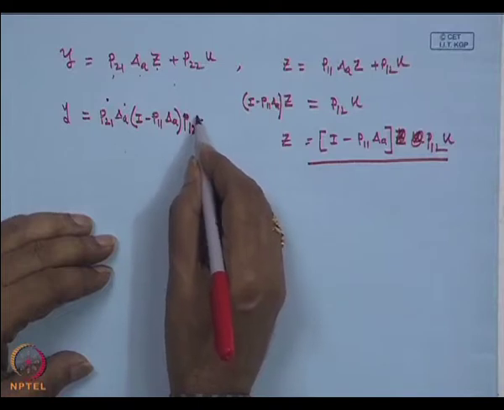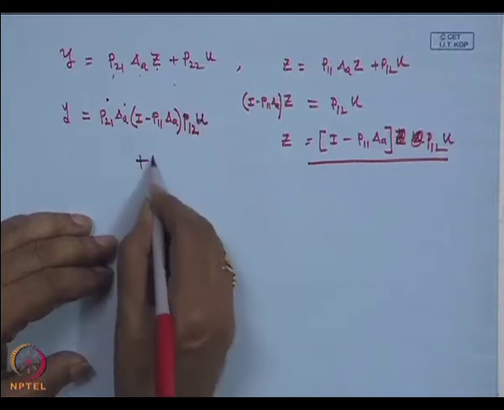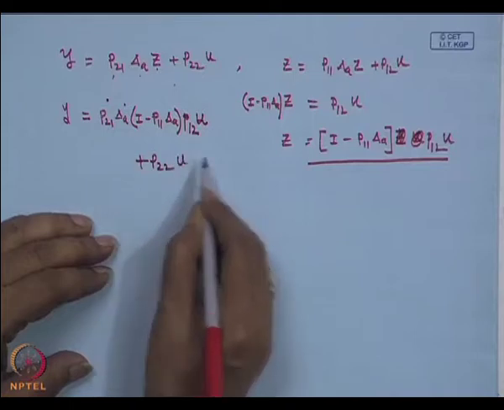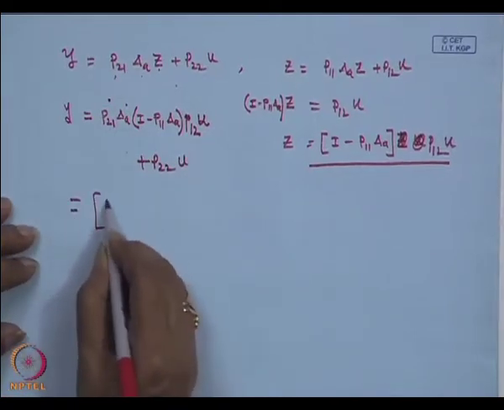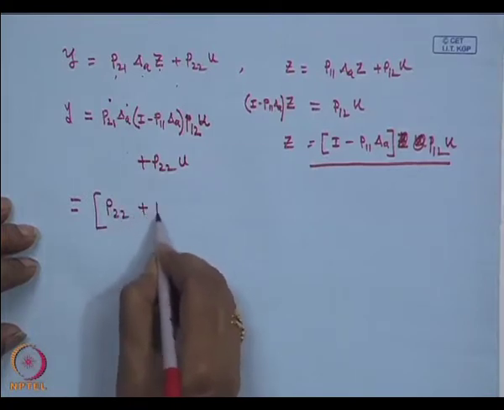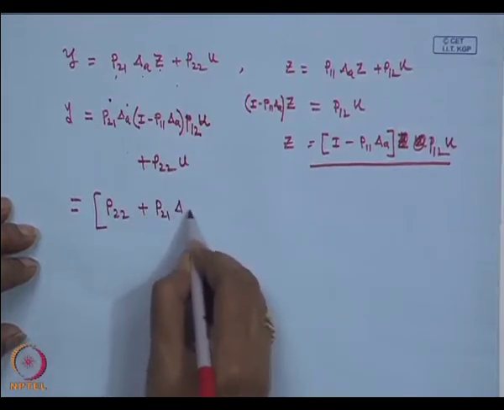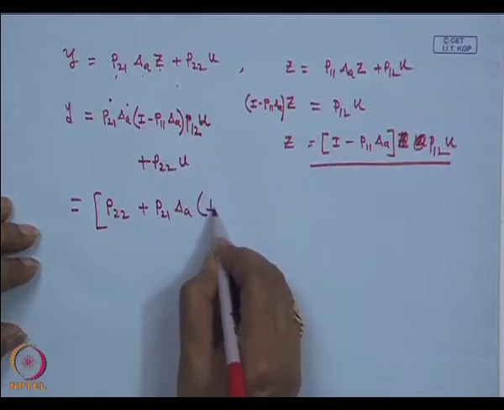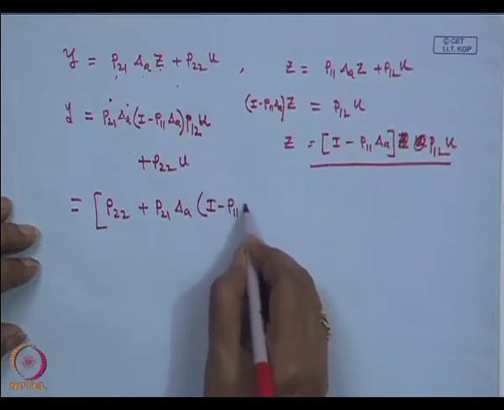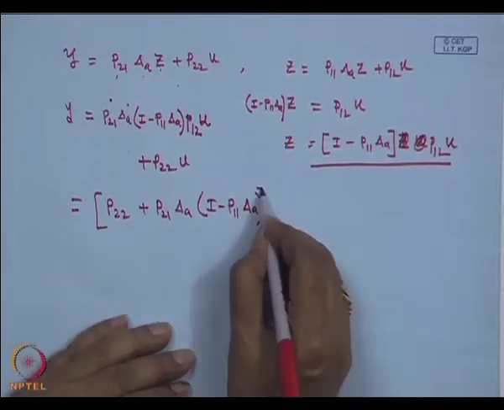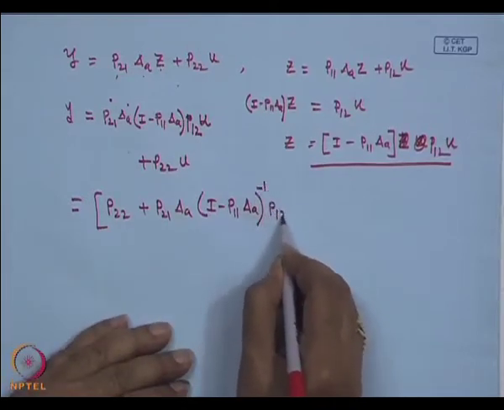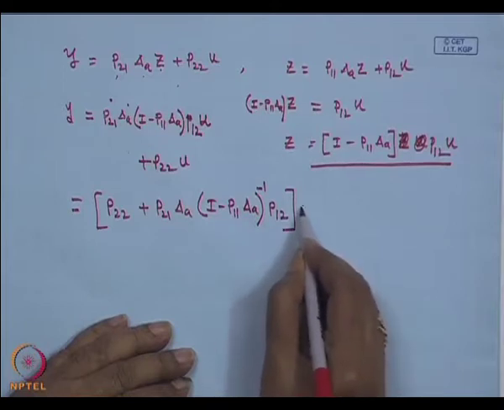So, you have a U plus P22 U. If you now take it common, so P22 plus P21 delta A, I minus P11 delta A inverse P12, then U.